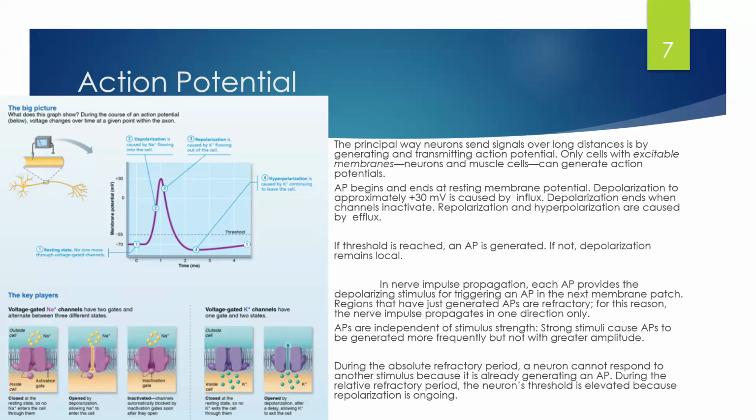Depolarization, it's about +30 to 40 millivolts. Repolarization, it's a little bit more than that one. And then hyperpolarization is when it gets really low. And then right here is our threshold.